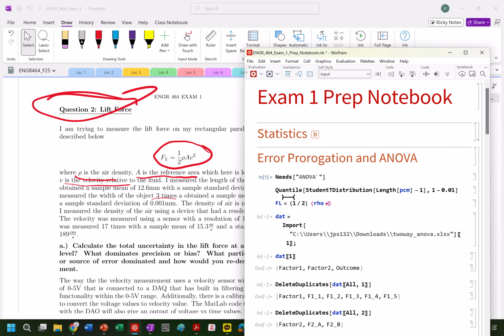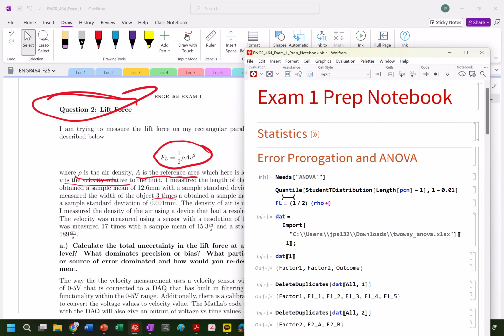The number of width measurements equals 3. The x of the width, the sample mean, equals 0.6 times 10 to the minus 3. And s width equals 0.001 times 10 to the minus 3. Excellent. So those are all the values that we have.